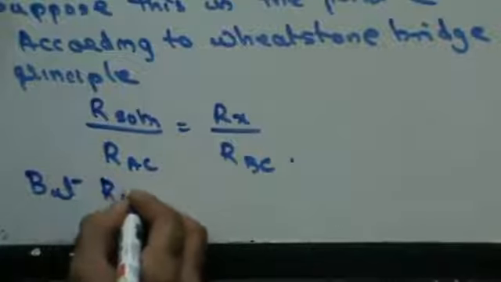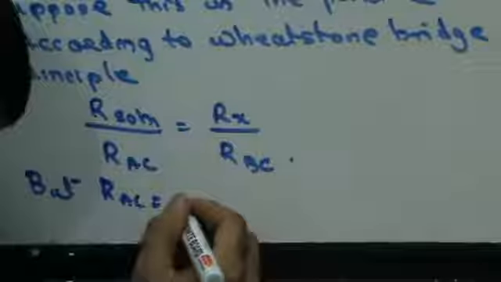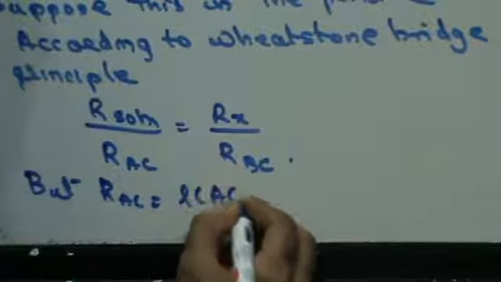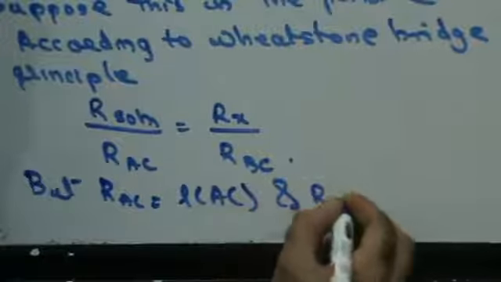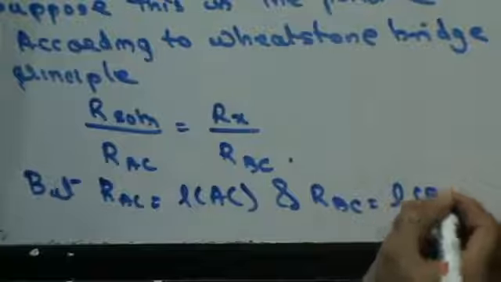Therefore, the resistance of AC is nothing but length AC, and the resistance of BC is nothing but length BC.